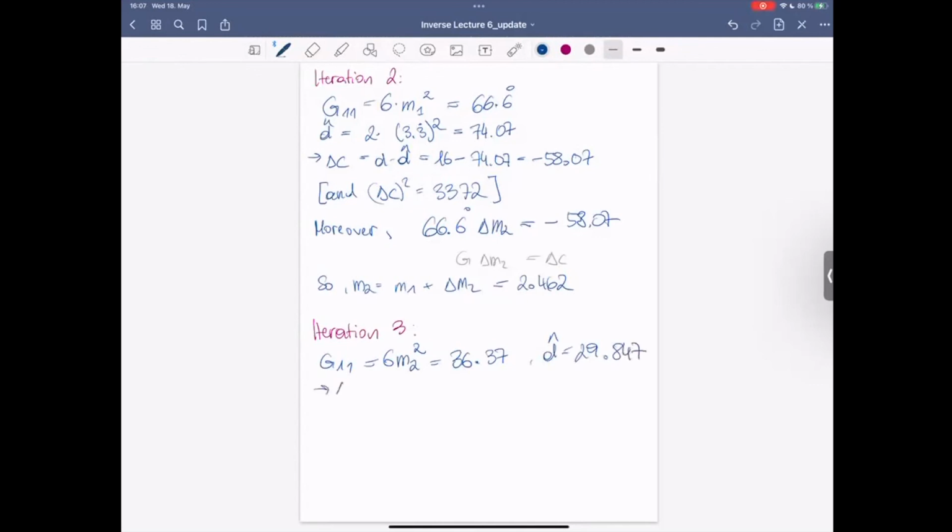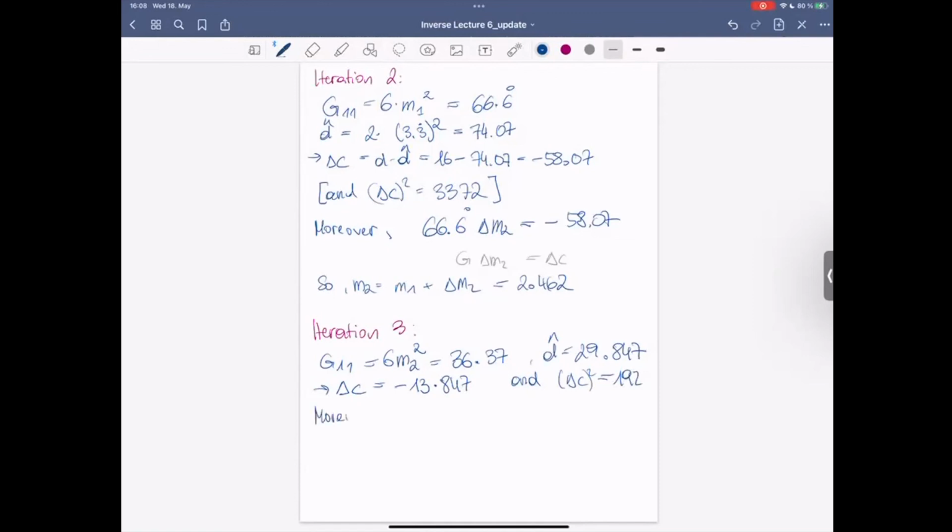This gives us a new delta C of minus 13.847. And also let's look at the squared error, which now reduces to 192.